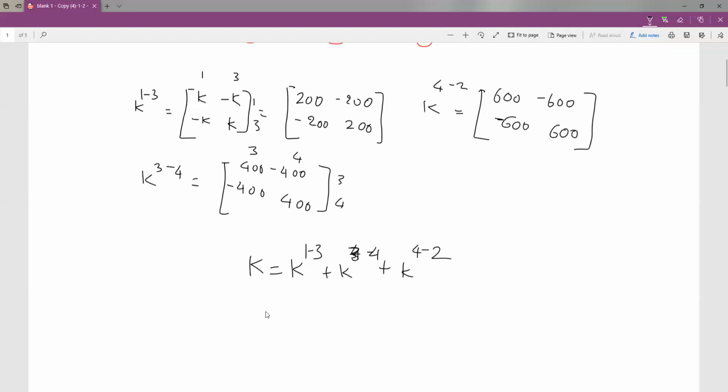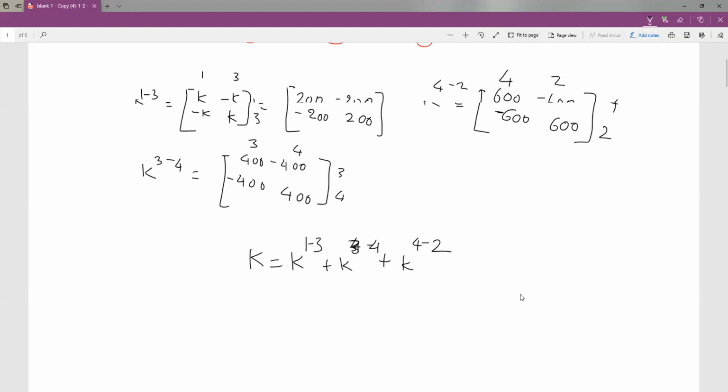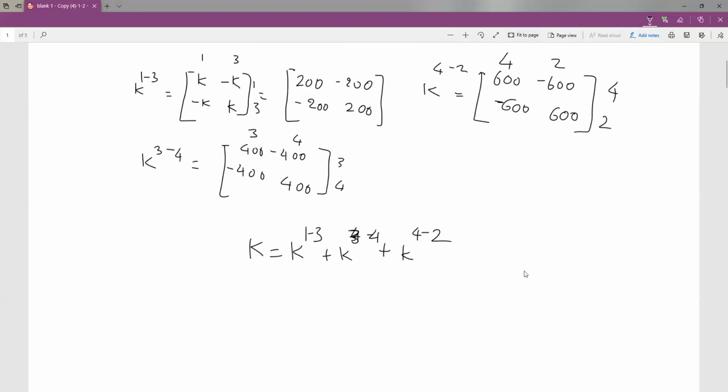Of course, direct addition was not possible because the node numbers are different and the relevant nodal displacements will be different. So as we have learned, we will expand this matrix to the size of the global stiffness matrix, and it should also follow the proper numbering. So let's say 1 and 3.